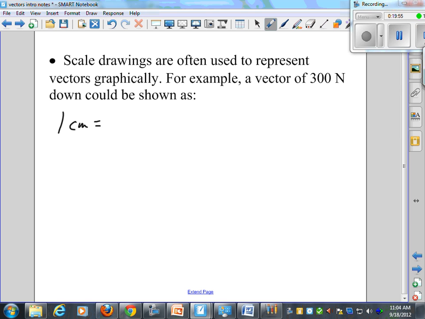In this case here, I would say something like 1 centimeter equals 50 newtons. In other words, every centimeter of distance represents 50 newtons of force. You do not write 50 newtons equals 1 centimeter. That is incorrect. 1 centimeter equals 50 newtons.